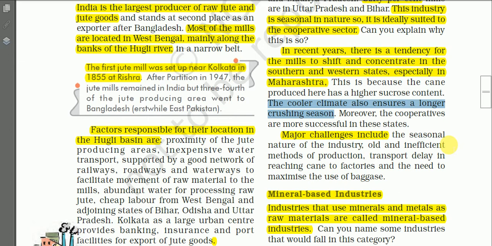Maharashtra and Gujarat are coastal states with a cooler climate, and because of this, they have a longer crushing season. The third important point is that cooperative movements are more successful in the southern states. That means people in the south are more cooperative, and hence this type of cooperative sector industry is more successful there.